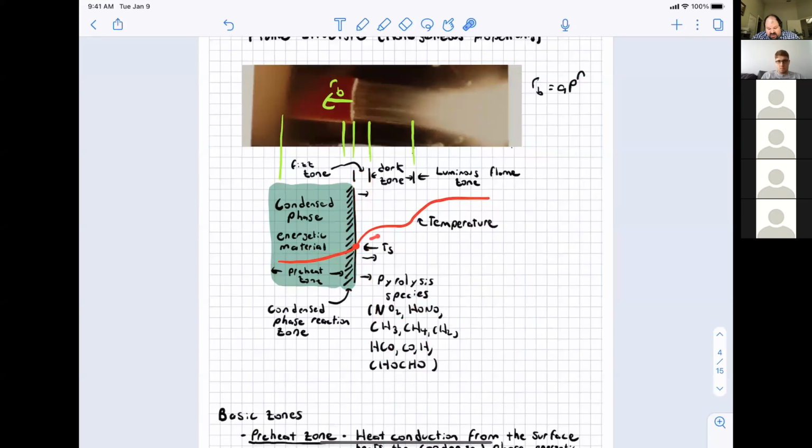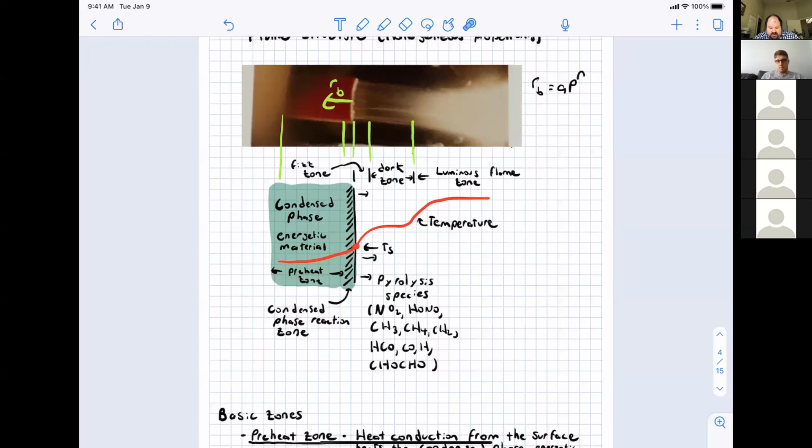Then the products of the fizz zone species are fairly stable at lower pressures, and they take a while to react. Then after an ignition delay period, in this region, the dark zone, are the intermediate species.